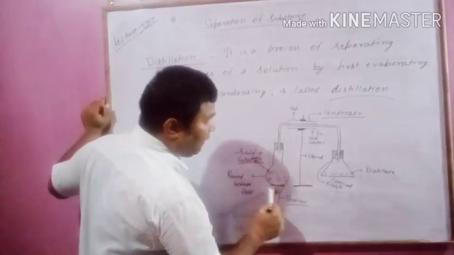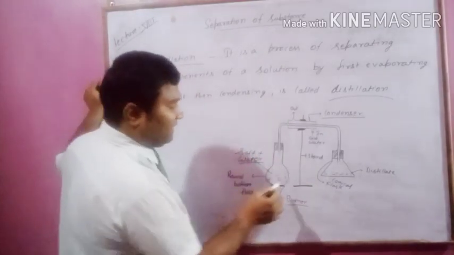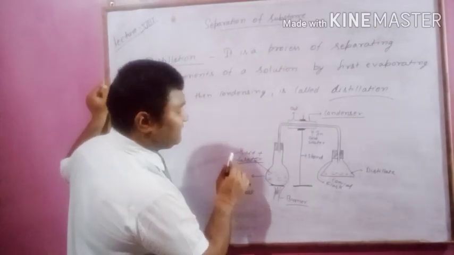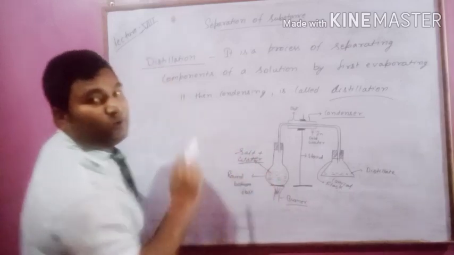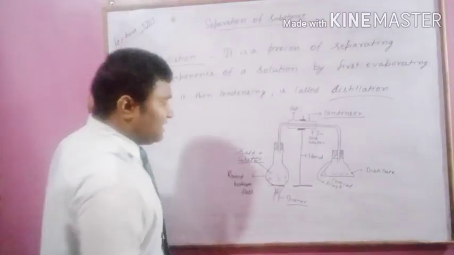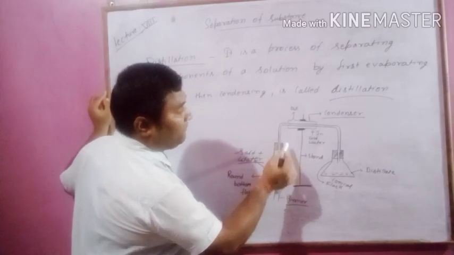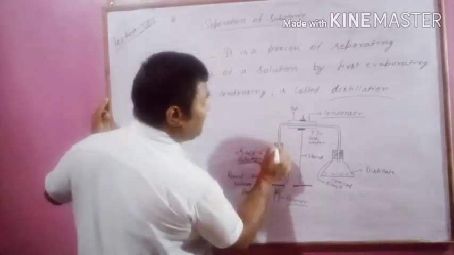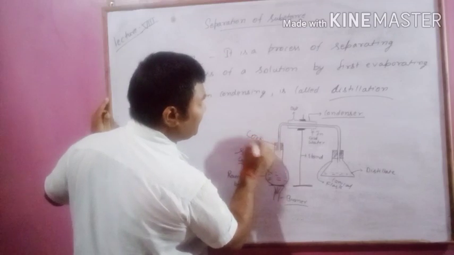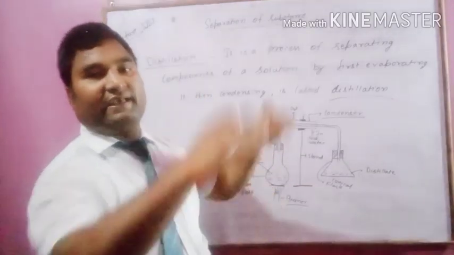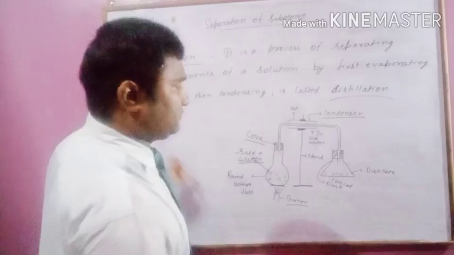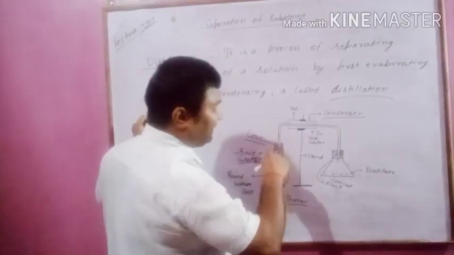This is a round bottom flask, and in this round bottom flask a salt and water solution has been taken, and on the top it is covered by a cork. This prevents anything from coming out or getting in.